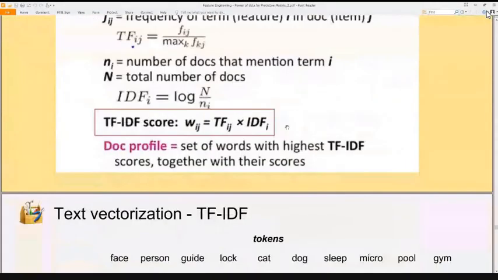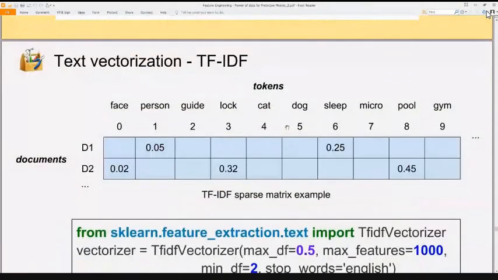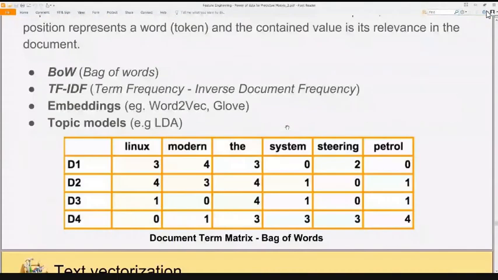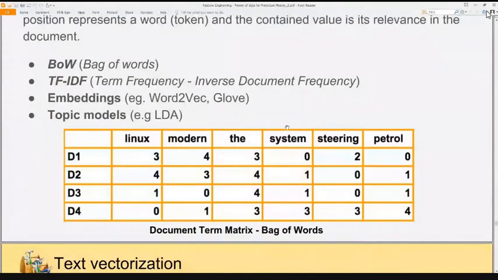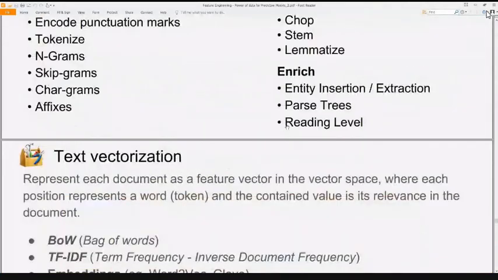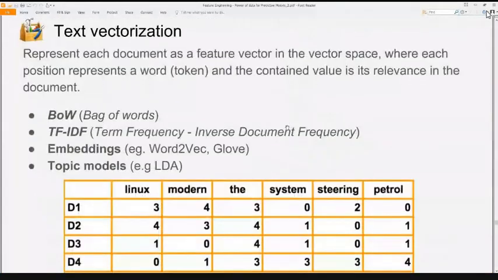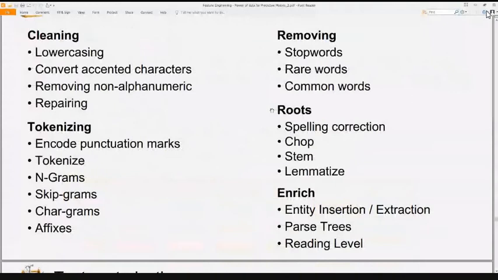John? Yes? I want to ask something still on that. Is the text vectorizer part of the library NLTK? NLTK, no, the text vectorizer is found in scikit-learn.